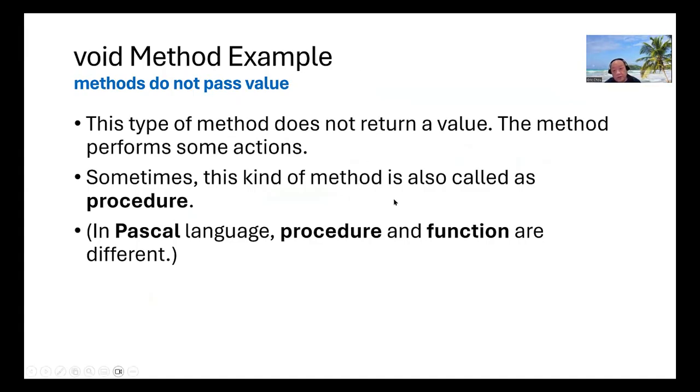When you have a void function, sometimes we also call it a procedure. Okay, a pure procedure is not a function, it has no return value. In some languages like Pascal, the procedure and function are different. I think in Ada as well. But in Java, there's no difference between these two.